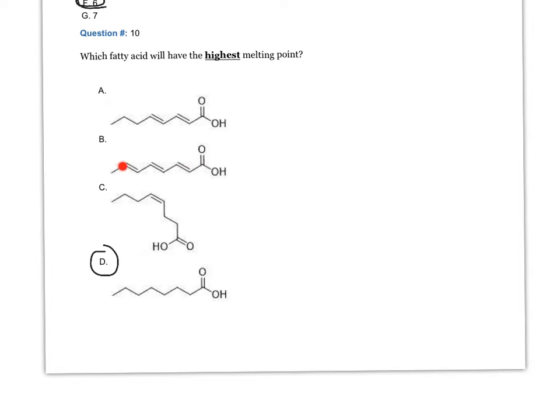This molecule and this molecule, the way they're drawn, these are trans fats. They're trans alkenes, not alkenes, fatty acids, but they would have similar properties. But where there are no double bonds here, this is what you would predict to have the highest melting point.